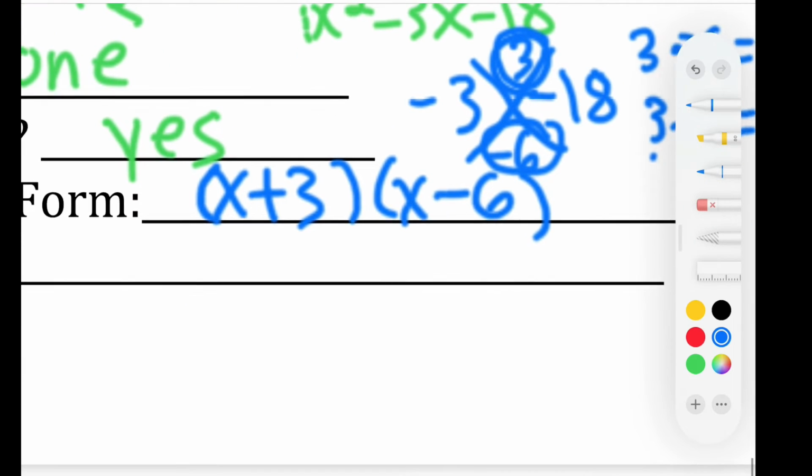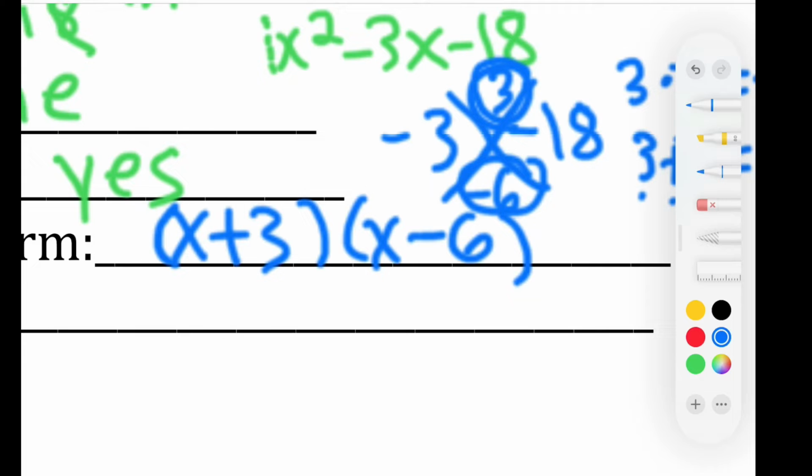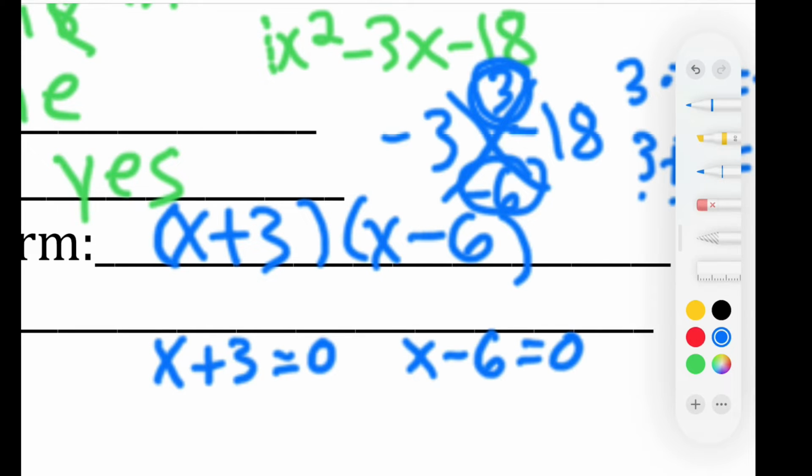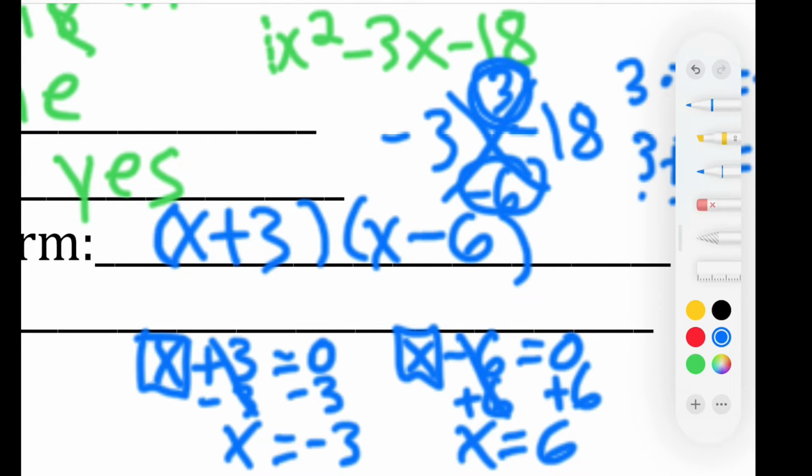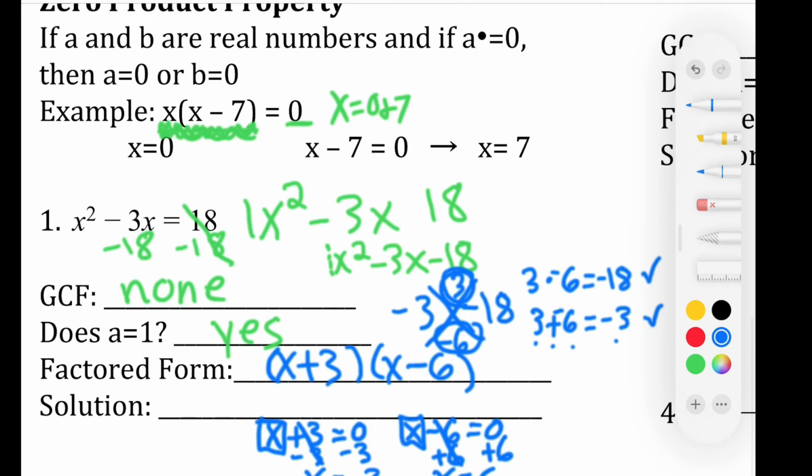The only thing extra that we are doing in this lesson 4 is we're going to take each parentheses and set it equal to 0 to solve. So in this case, we're getting x by itself. Subtract 3, x equals negative 3. Getting x by itself, plus 6, x equals 6. So our solutions are negative 3 and positive 6.